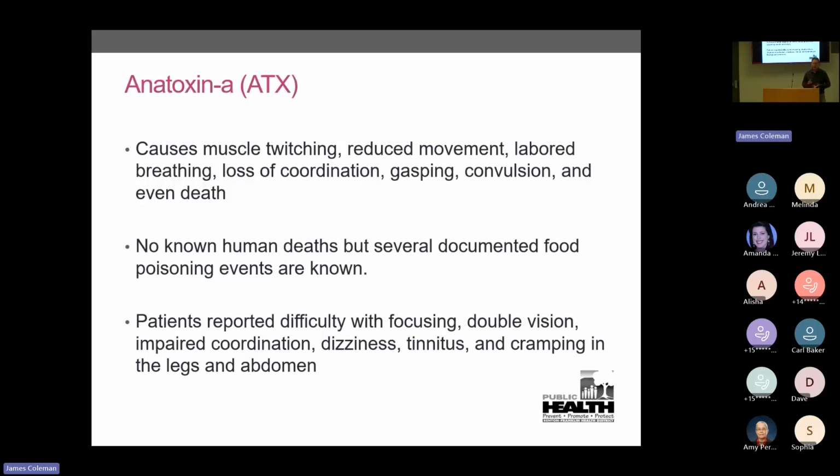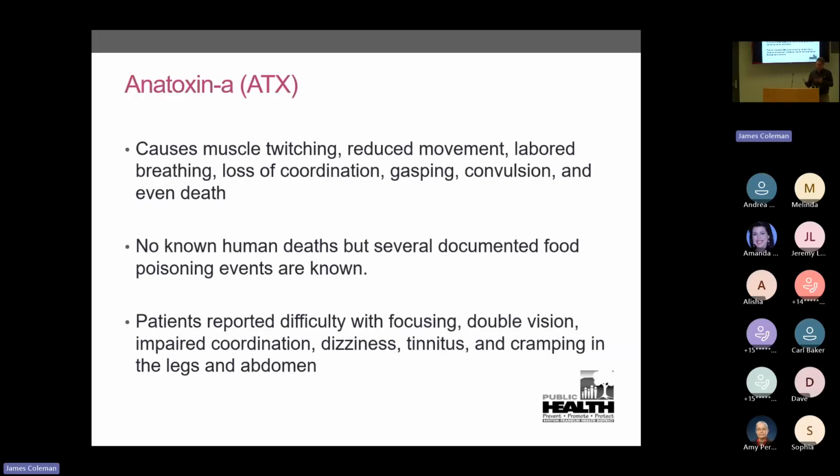There have been no known reported human deaths from anatoxin poisoning in North America. However, there have been instances where people have eaten seafood that's been contaminated with anatoxins. And this typically was in France.